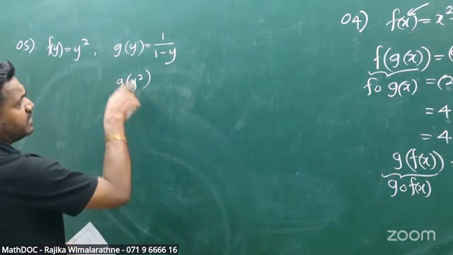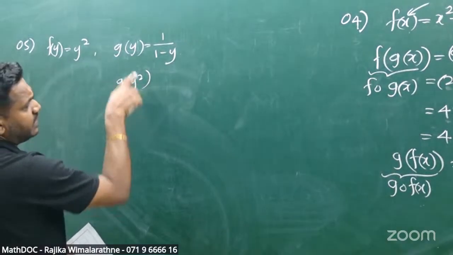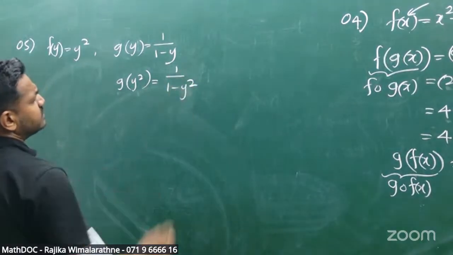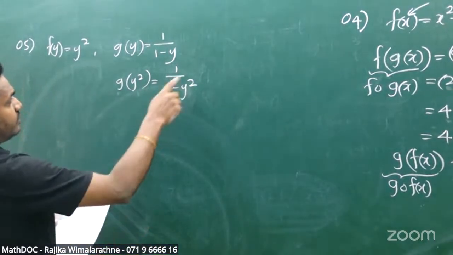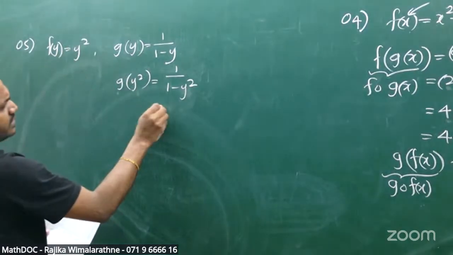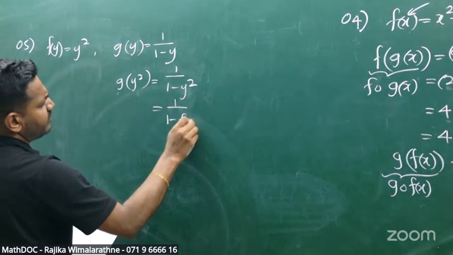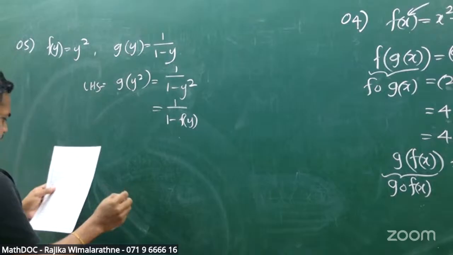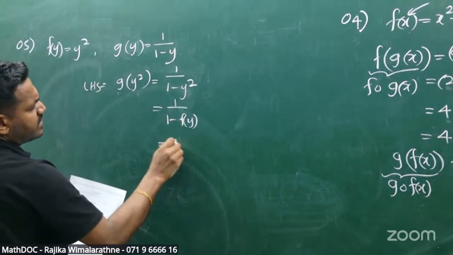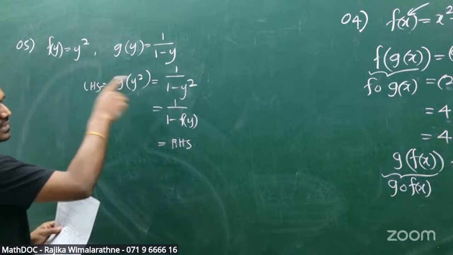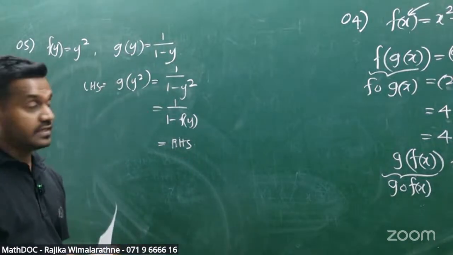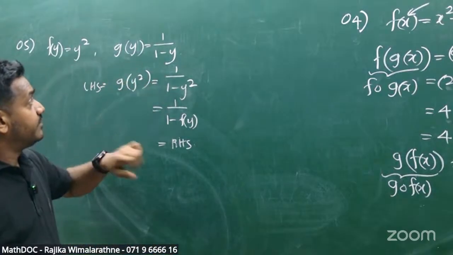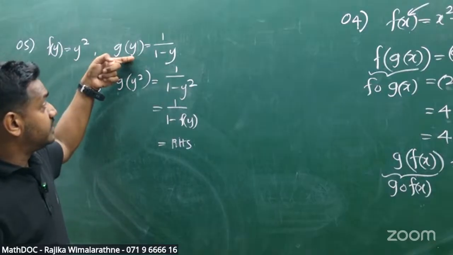Here, g(y squared) means replace y by y squared. Then y squared means that is f(y), and here 1 minus f(y). Then the left hand side g(y squared) is equal to the right hand side. You can prove that like an identity. So you just think about that variable change. Here g(y) is given, we need g(y squared). Then by this one you can derive this.